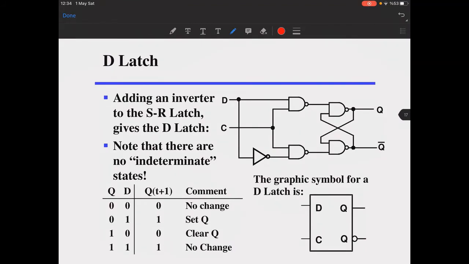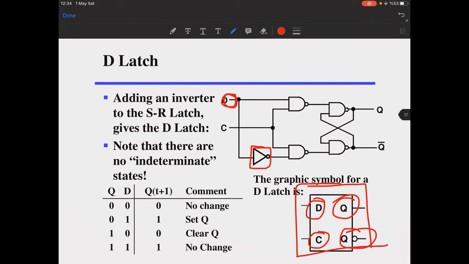You just add an inverter here to one of the inputs, and it means that your set and reset cannot be the same signal at the same time, so it becomes your data latch. And this is the graphic symbol for your data latch: data input, clock signal, Q output, and this is the extra Q not output. It has namely only 3 states here.